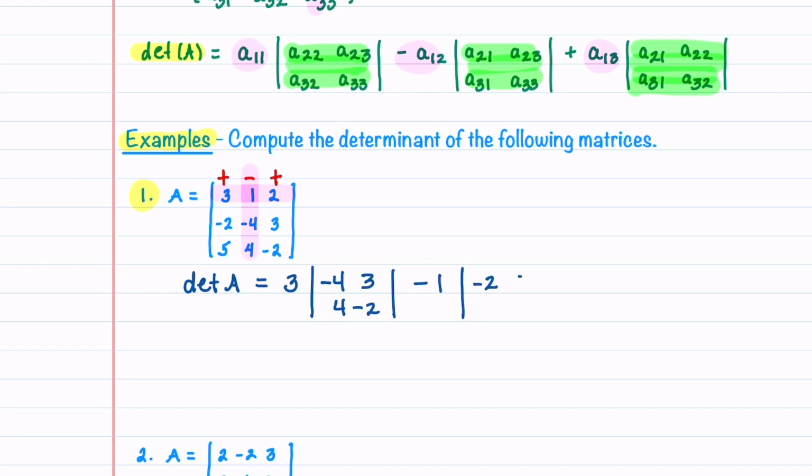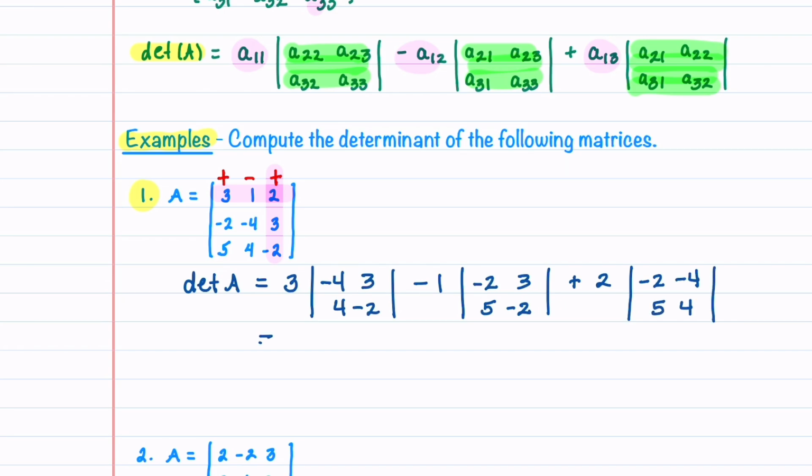So that's minus 2, 3, 5, minus 2. And then we add our last entry, which is 2, cross out the row and column common to that entry, and we end up with a minus 2, minus 4, 5, 4.